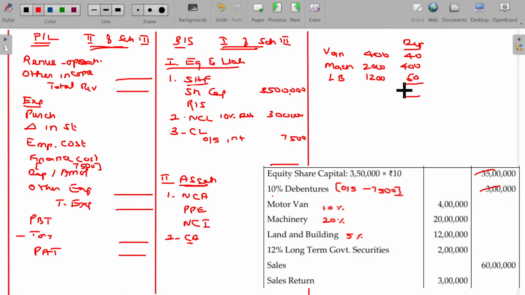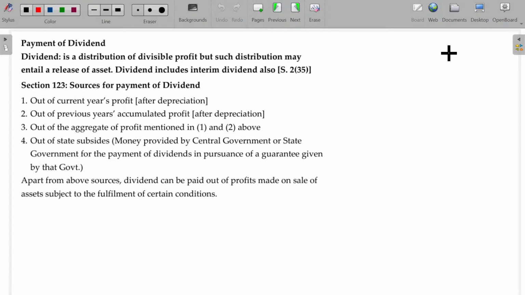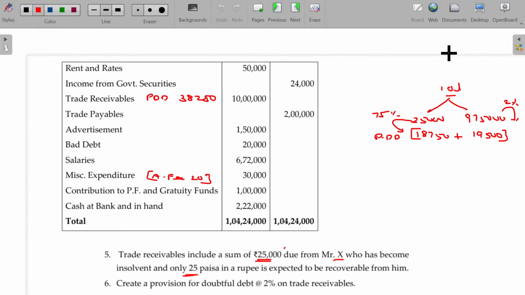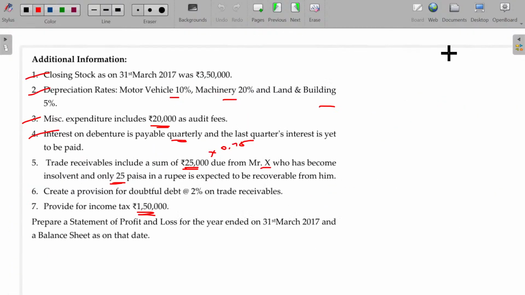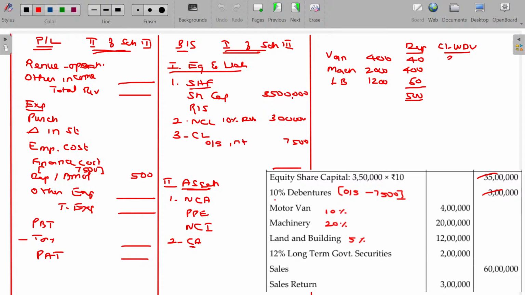Then overall depreciation being 500. This is depreciation and amortization, so I post this value here, 500. Then closing WDV being 400 minus 40. Do we have any provision for depreciation? I think we don't have any provision for depreciation. So then 360.